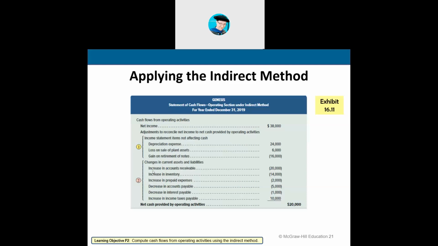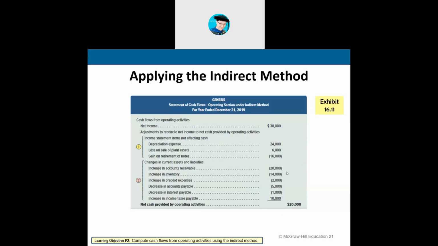Cash used: we have an increase in accounts receivable, increase in inventory, increase in prepaid expenses, decrease in accounts payable, decrease in interest payable, an increase in income tax payable to get us to our net cash flow of $20,000. That is the indirect method.